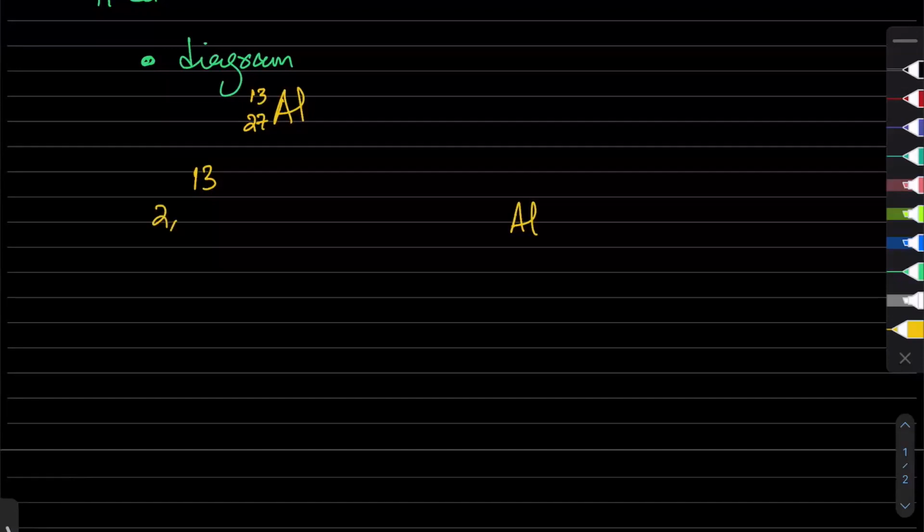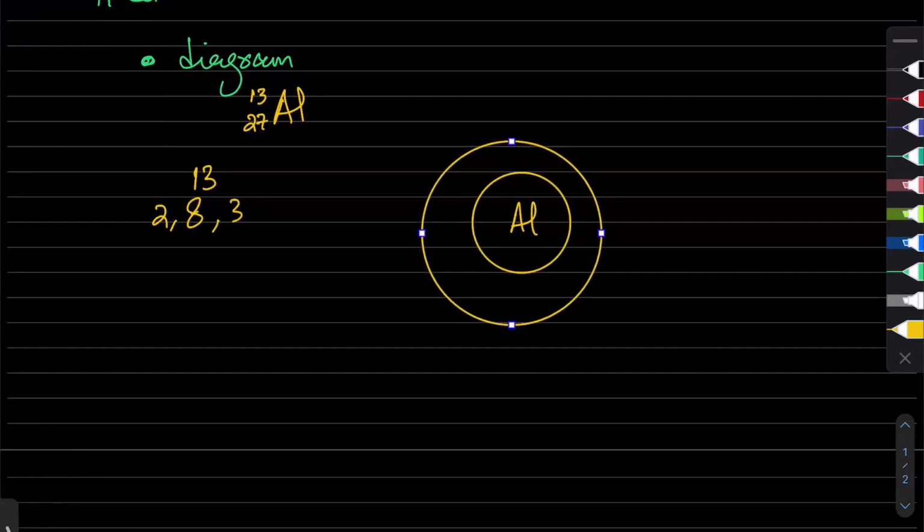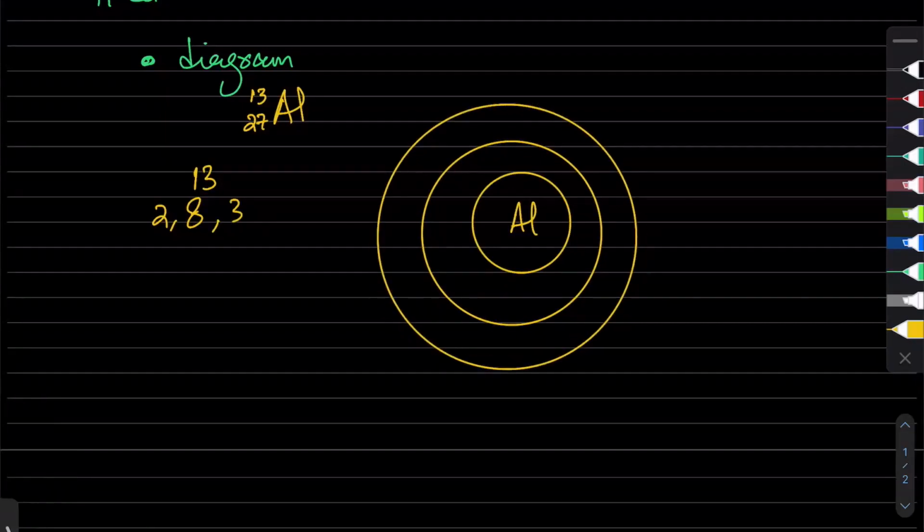First one will get 2. Second one will get 8. And the third one, these are 10, so 3. So third one will get 3. Okay, so 2, 8, and 3. That's how it goes. So we'll draw 3 shells. Now, remember, you don't need to draw them with a compass.